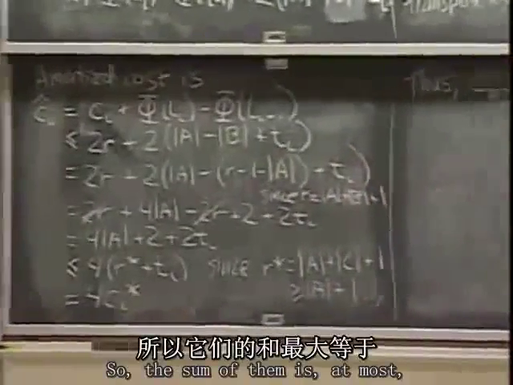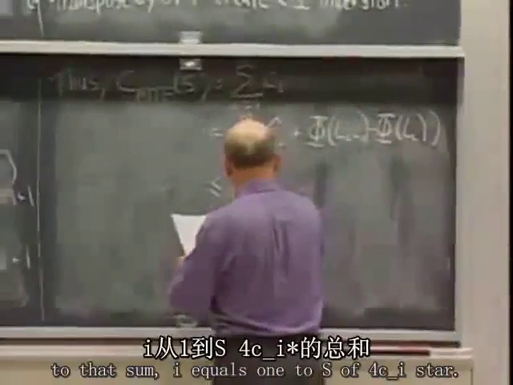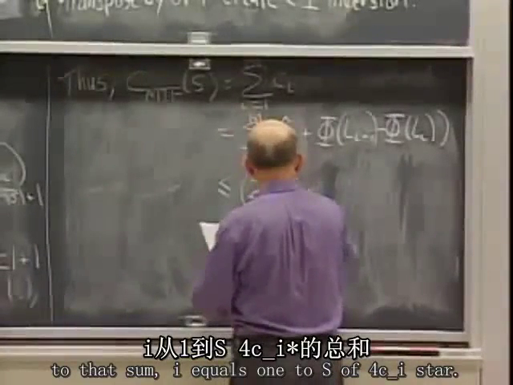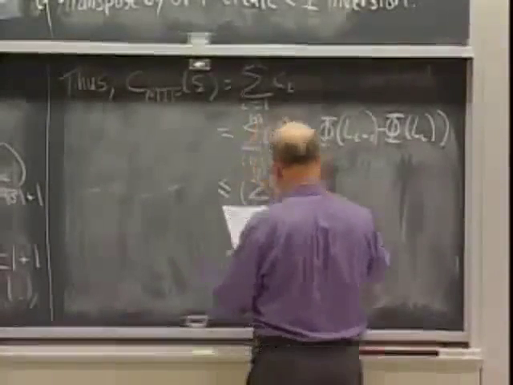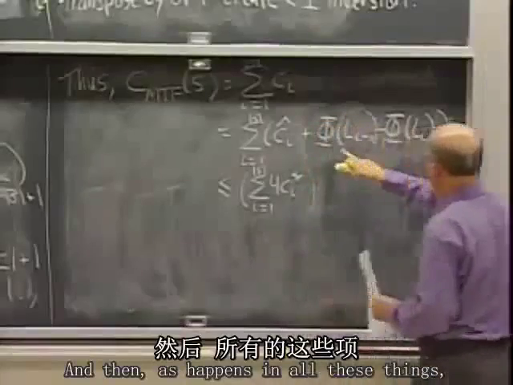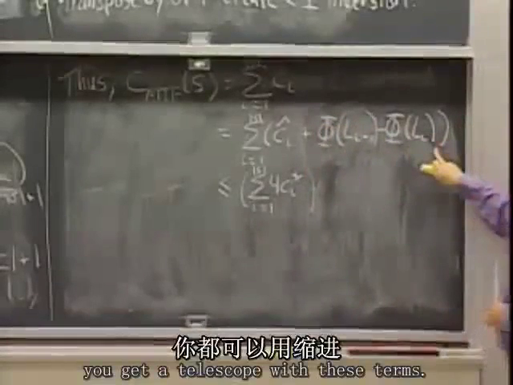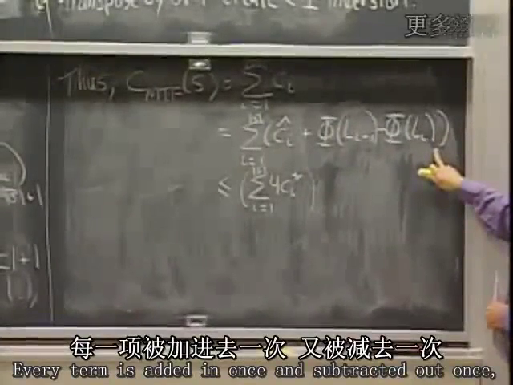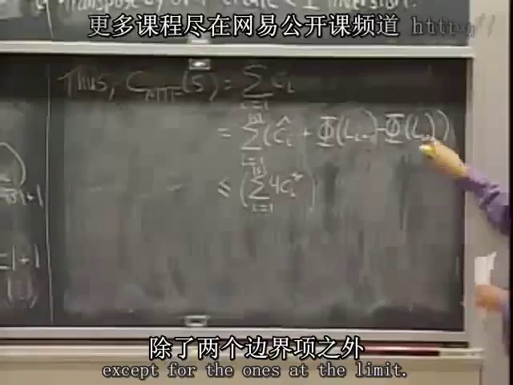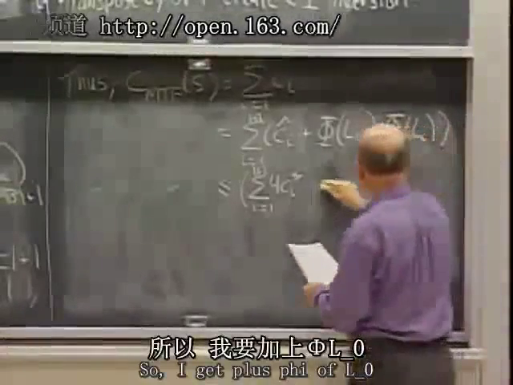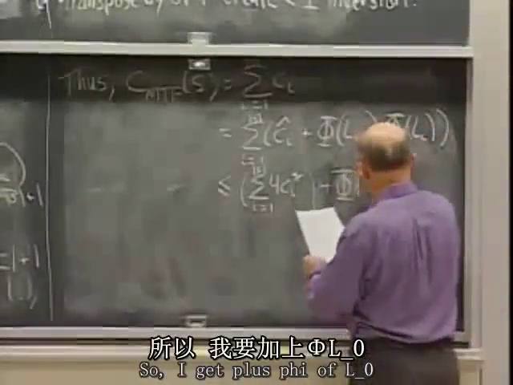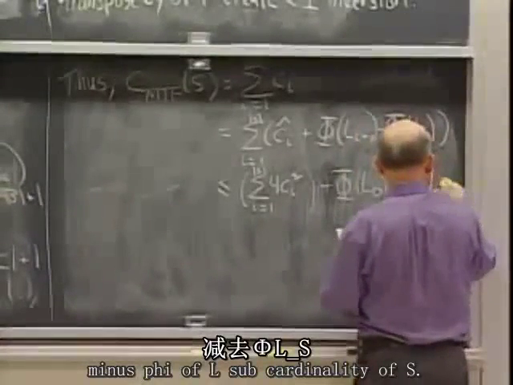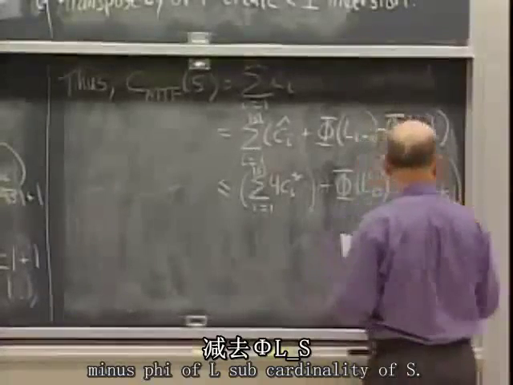So that's the sum, i equals 1 to |S|, of 4 Ci star. And then, as happens in all these things, you get a telescope with these terms. Every term is added in once and subtracted out once, except for the ones at the limit. So I get plus phi of L0 minus phi of L sub |S|.